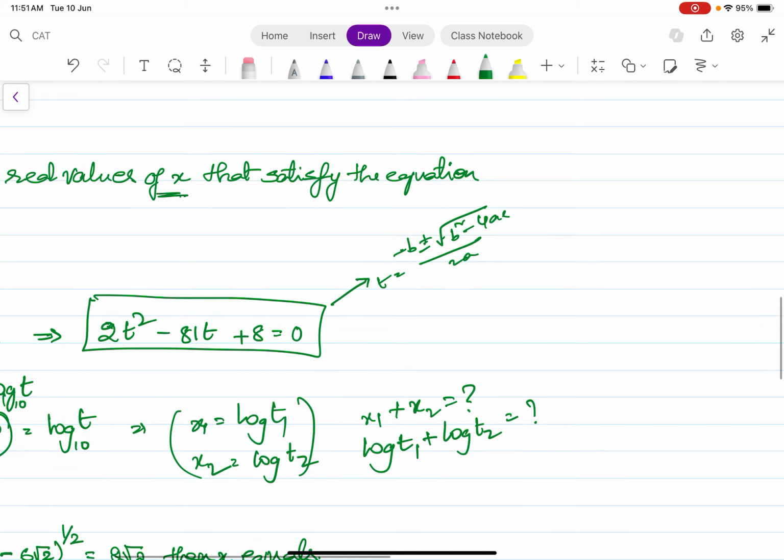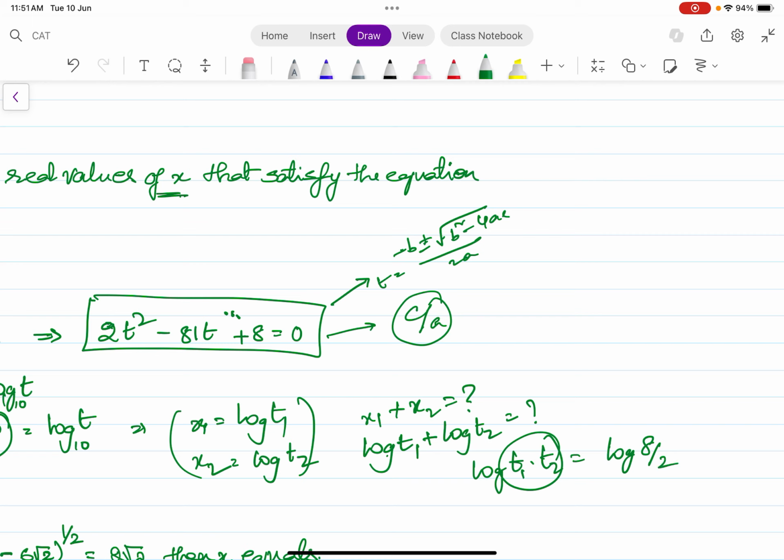We know from the product rule that log t1 plus log t2 can be simply written as log of t1 into t2. Now, this is simply the product of the roots of this equation. What is the product of the roots of the equation? c by a. What is c by a here? 8 by 2, right? So 8 by 2 is how much? 4. So log 4 is your answer.